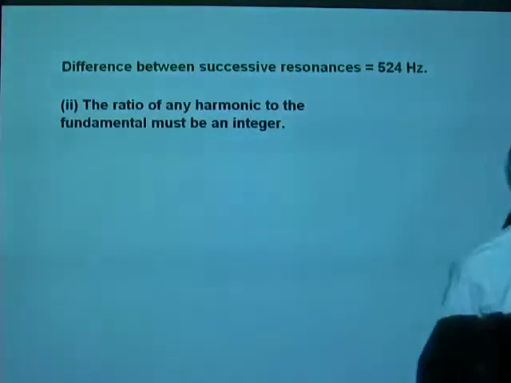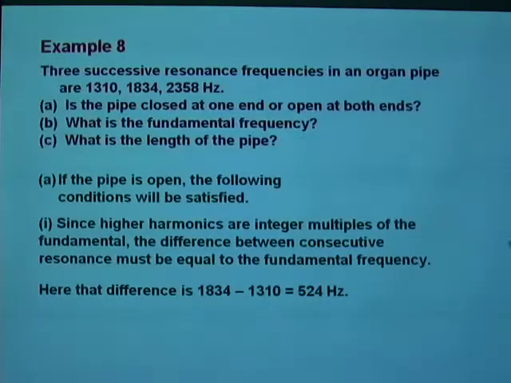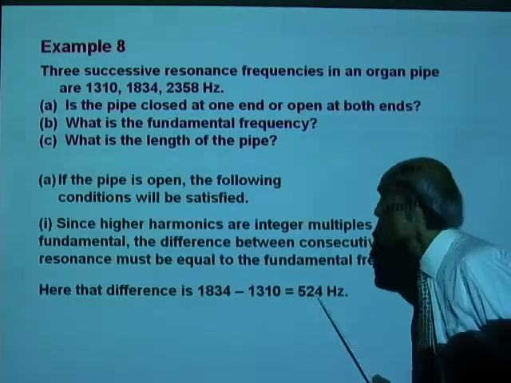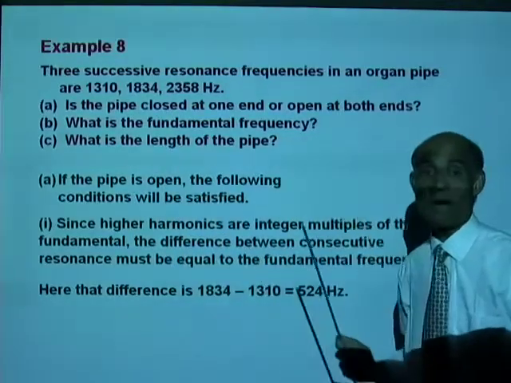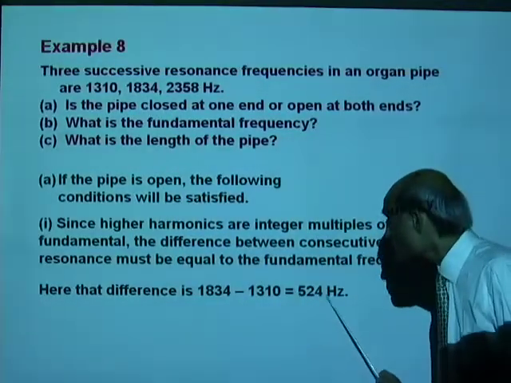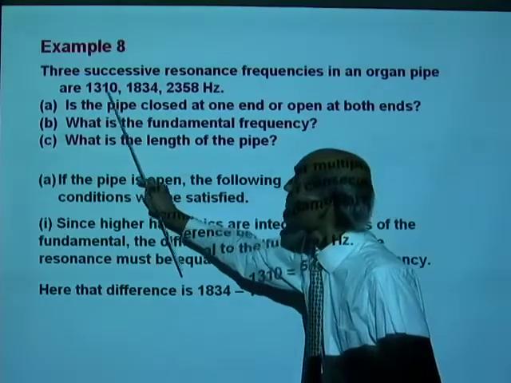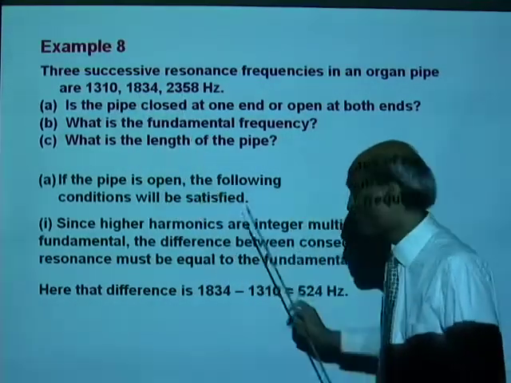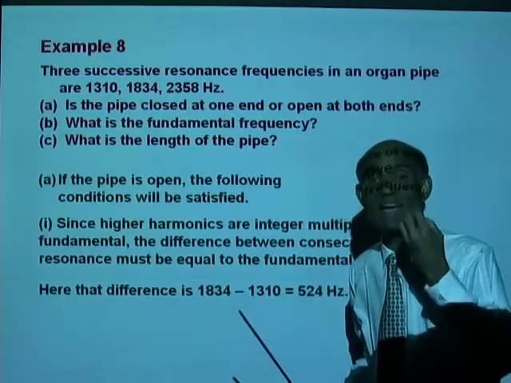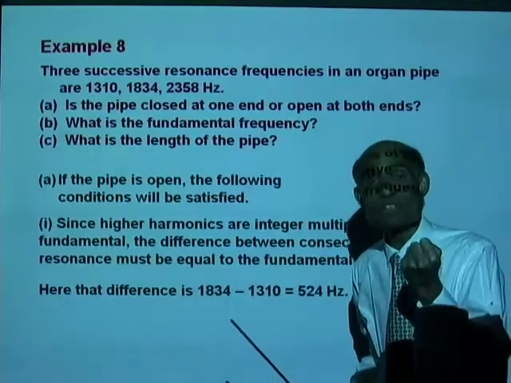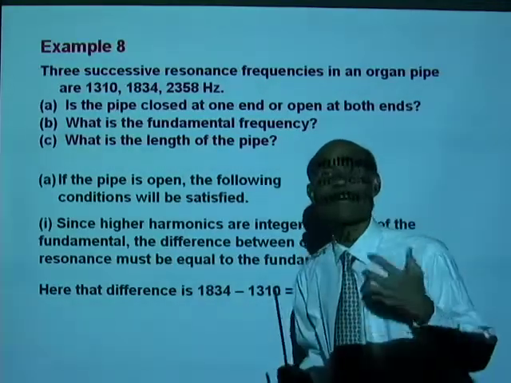Let's go and have a look at one more time on our fundamental. This is the difference between the successive frequencies. Now that means if this is the fundamental, then if you divide any of these higher harmonics with the fundamental, you must get a whole number, an integer. Then you can conclude that the tube is an open tube.